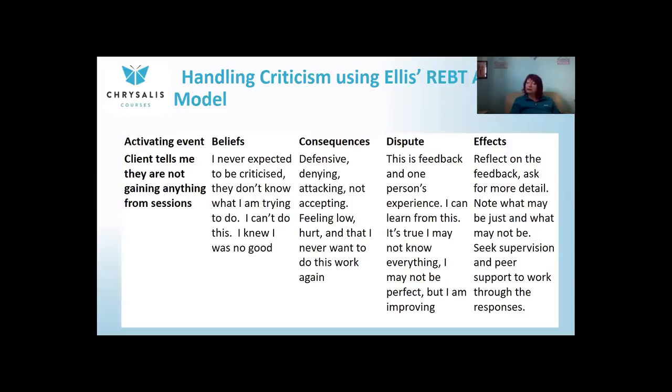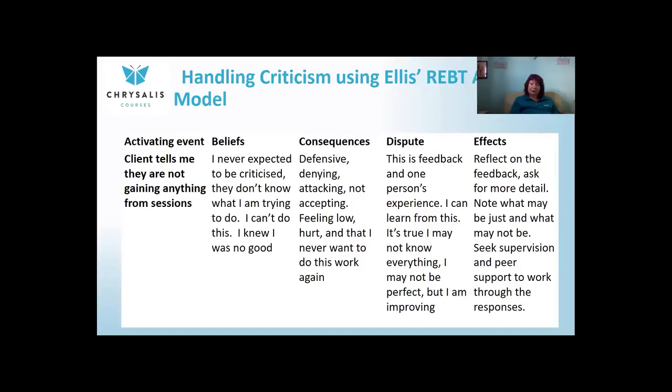What can I learn from this? Yes, I'm only just starting out as a therapist. I don't know everything. I'm not perfect, but I'm trying to improve. I'm doing my best. And so it's looking at it in a rational way, rather than just acting based on the past. And we may take it to supervision, and we may ask for more details.